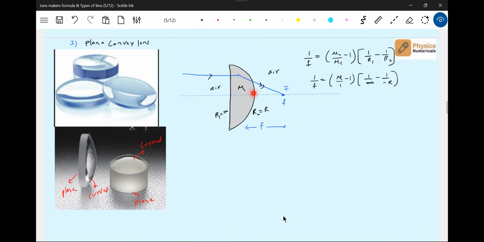The center of curvature of R2 will lie somewhere here, no? How do you measure R2? Opposite the incident ray. This is the direction of incident ray. The radius of curvature of the plane surface will be infinity. So therefore this will be mu minus 1 by R. So f equal to R by mu minus 1. This is the focal length. Plano-convex lenses are widely used in plenty of applications.